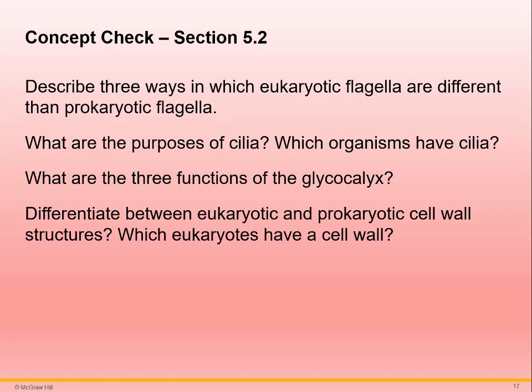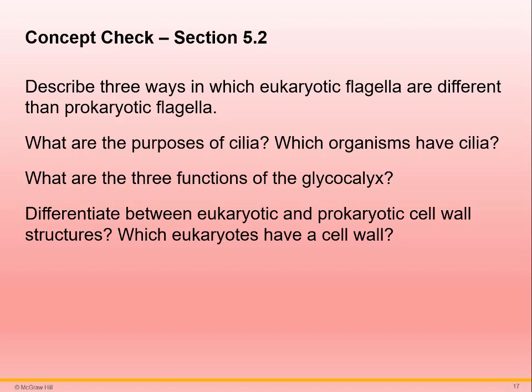The purposes of cilia, it's for feeding mainly, but they can move toward what food sources they are looking for. And which organisms have cilia? Remember that only protozoans, those animal-like one-celled organisms, have cilia, and certain animal cells, like our body tissues, have cilia.